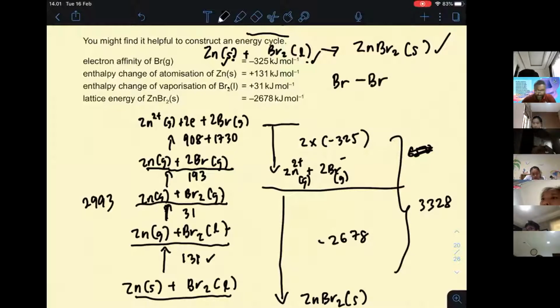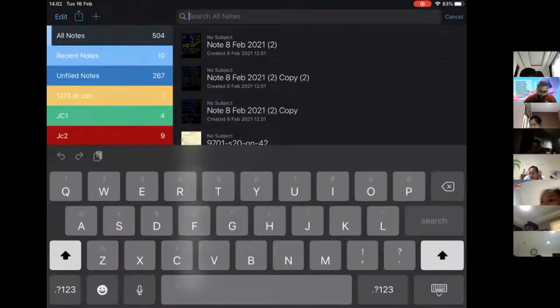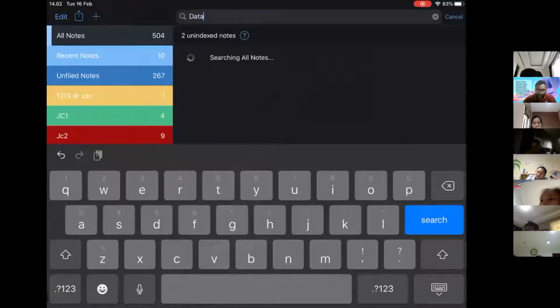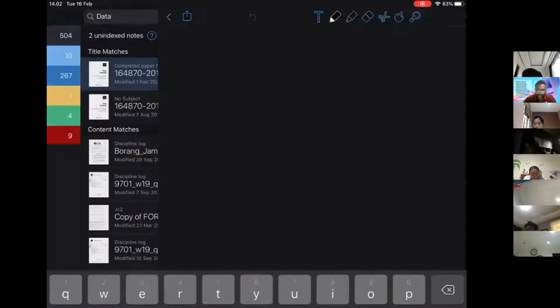You will find that in the data booklet, it is written as positive 193. If you want to break the bond between Br and Br, it's there. The one that you need to look at is the bond between Br and Br, not the polyatomic.